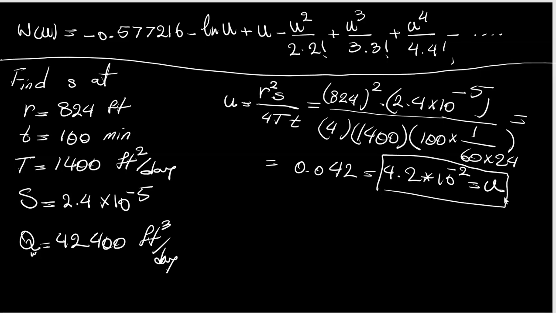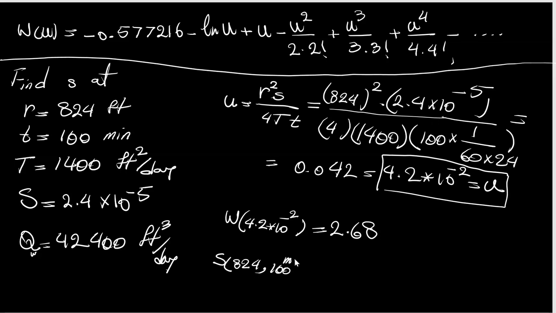If I plug u equal to 4.2 times 10 to the negative 2 into this equation that I have, my W(u) will be almost 2.68. Okay, now I have my W(u), and I can find the drawdown at 824 feet at 100 minutes. So what was the formula?